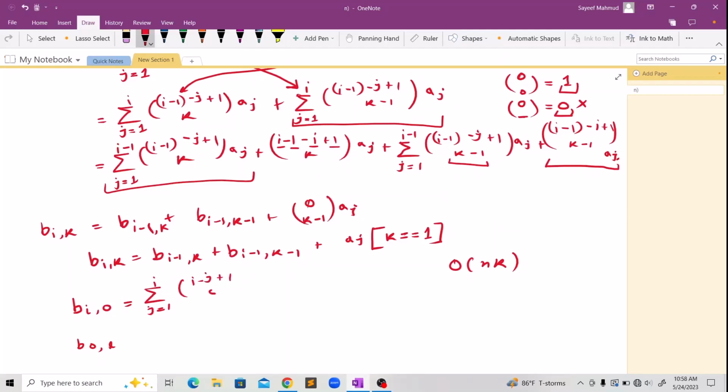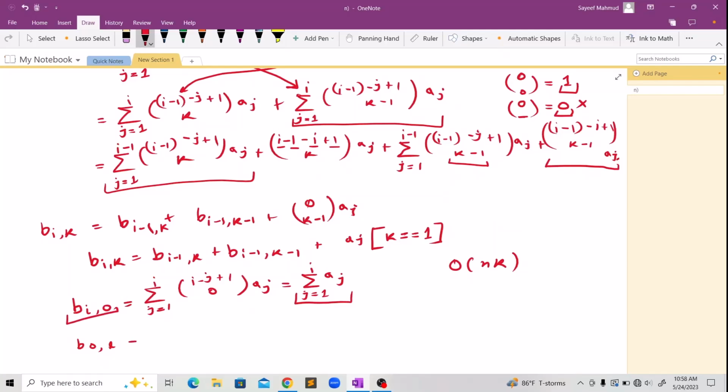The value of k is 0. So something choose 0 is 1. So this is just the sum from 1 to I of aj, which is just the prefix sum up to index I.